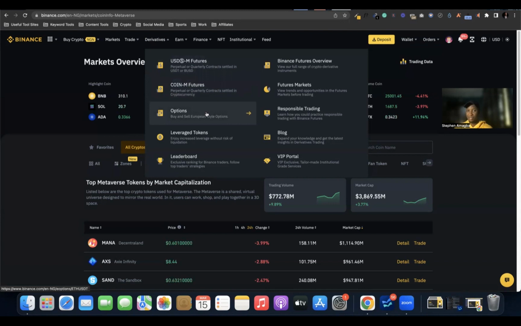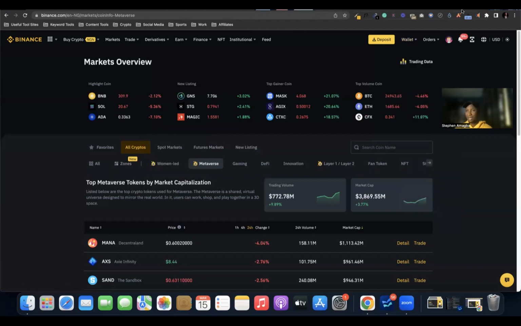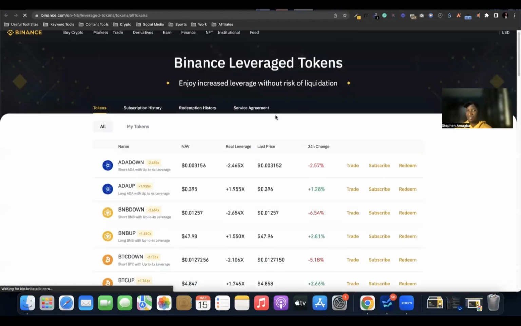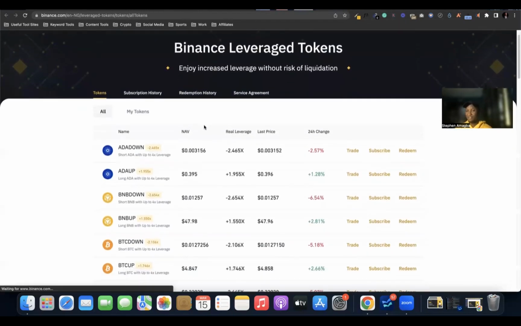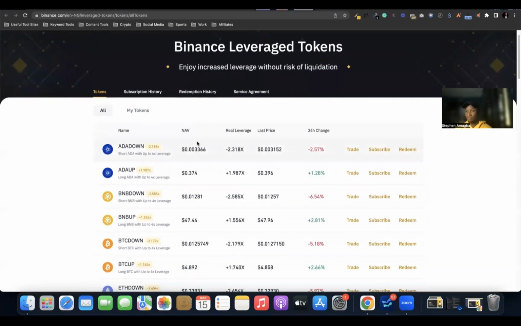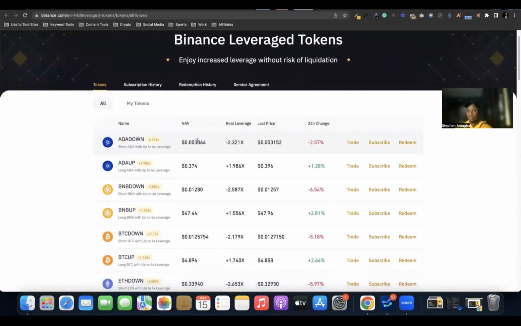So we'll have the options trading, and we'll have the leveraged tokens, okay? It gives you the opportunity to trade leveraged tokens without the risks of liquidation. In Binance futures, okay, there are liquidations, but in this one, there is no liquidation. But here, the only caveat is that this one is for specified movements. Okay, but you can also trade spot tokens here too.